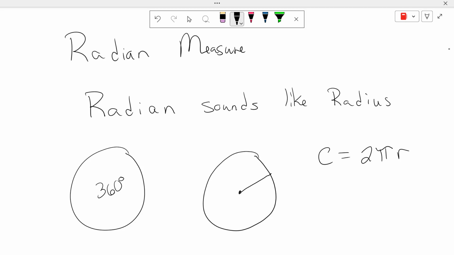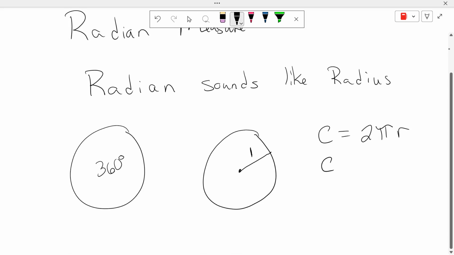So if the radius of a circle is 1 unit, the circumference of the circle would be 2 pi times 1, or just 2 pi, correct? So in a circle with a radius of 1, the circumference is 2 pi.